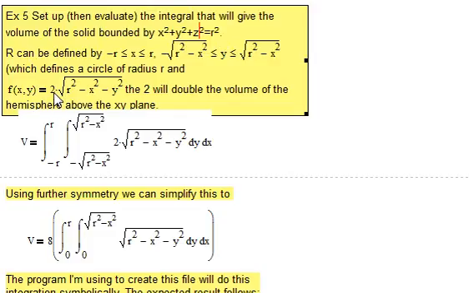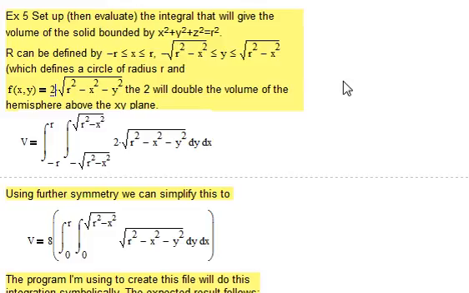But I have to use a 2 on that, because if I just use that positive square root, then I'm only going to count the upper hemisphere, and I want the upper and the lower, so I multiply it by 2. That will give me the volume of this sphere if everything goes well.